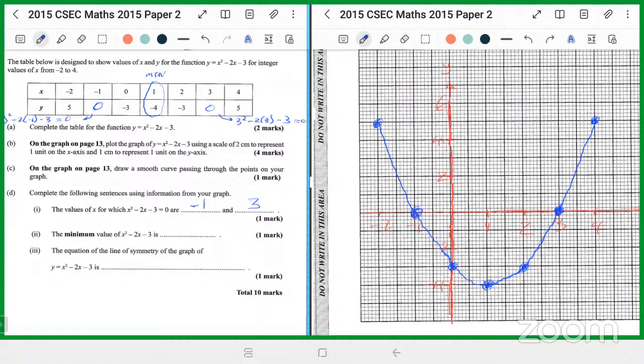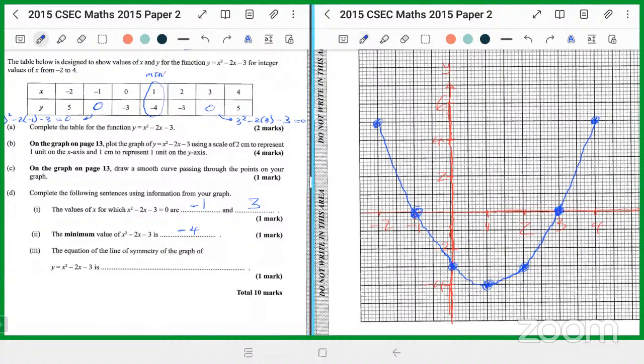Next value. The minimum value is -4, the lowest y value on the graph, down here. The equation of the line of symmetry is the vertical line through the turning point. It's x equals the x value, so x equals 1.